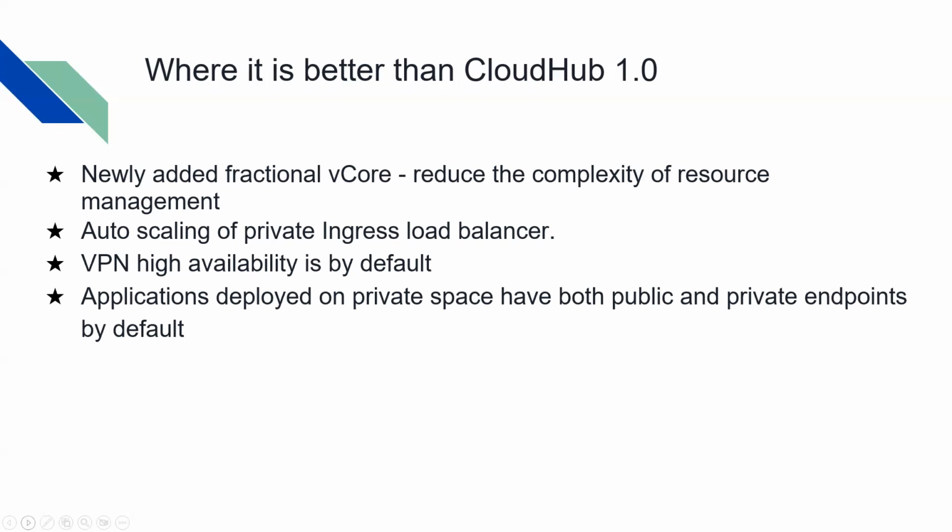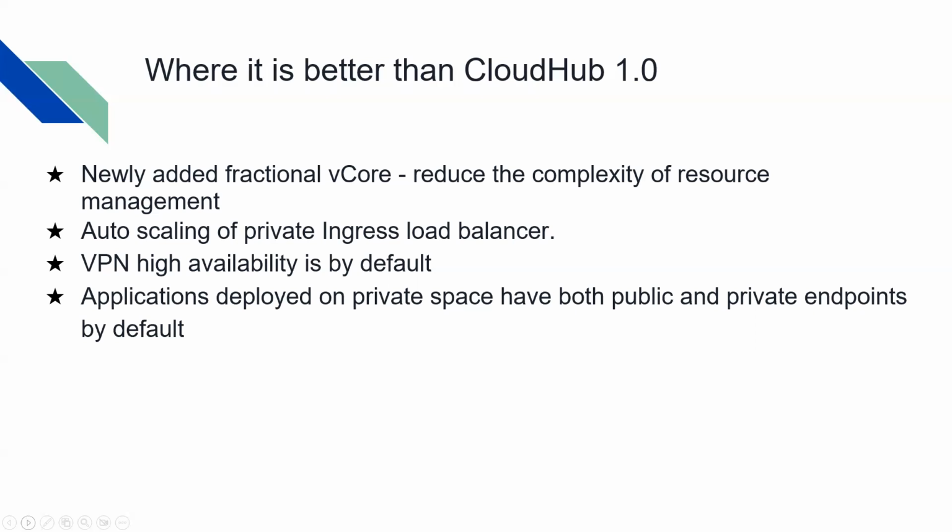Then an application deployed on a private space has both public and private endpoints available by default. So when you deploy an application on a private space, based on your domain configuration or TLS context, your public endpoints will be available and your private endpoints will also be available.